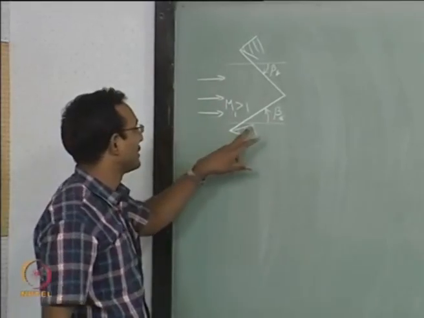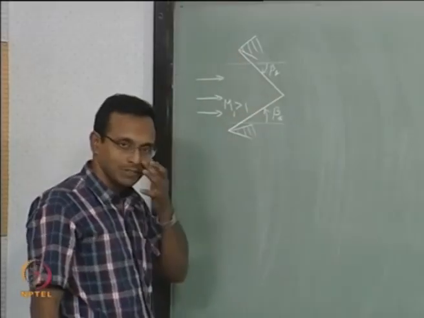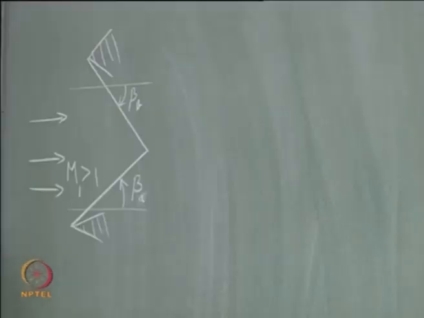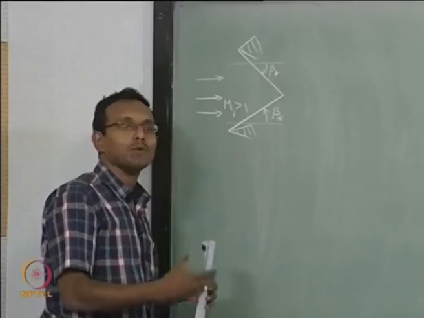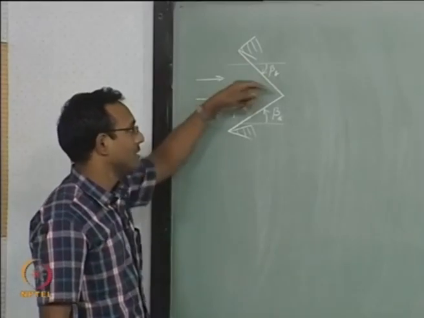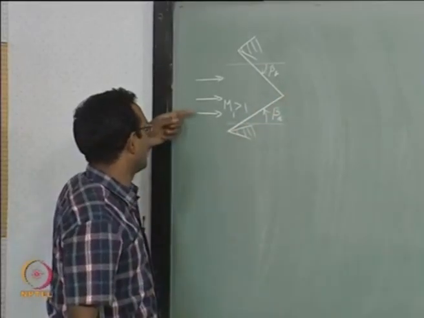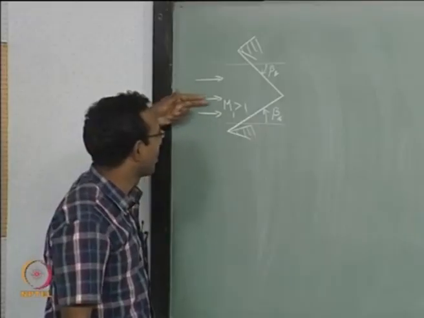I am not worried about what is happening to the wedge later, we are just interested in what happens to these two shocks when they meet. Typically when you read books, they will talk about this one as a right running shock and this one as a left running shock. To understand that, you have to just be the fluid element and go along this direction.